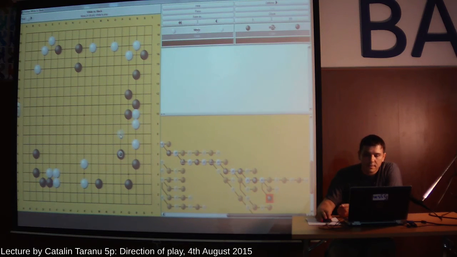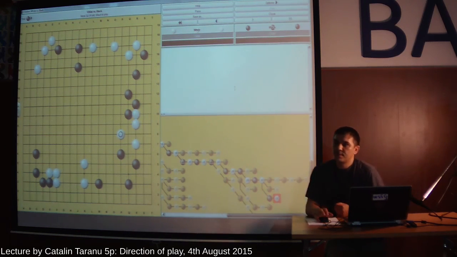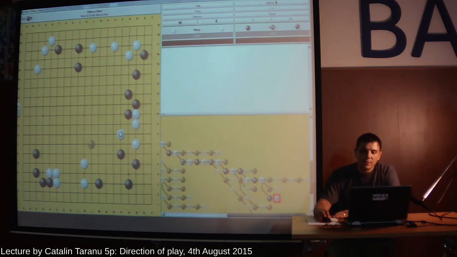I will make the dog mount like this. Finally, in this shape, it's a little bit difficult. If you continue the attack like this, white will still answer, but black shape feels not complete.